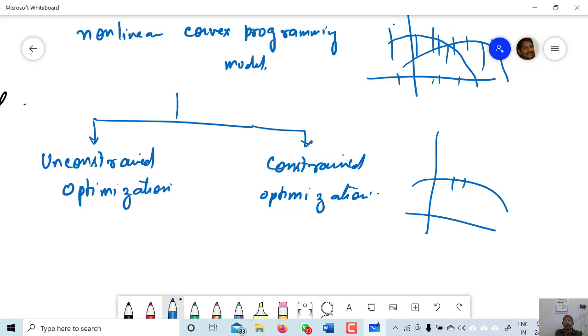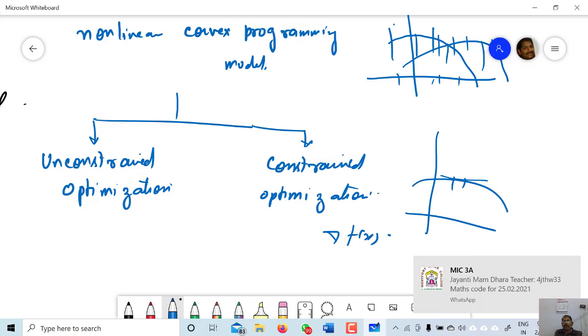As you already know, there will be two conditions. One is that the derivative at this point must be 0, because if this is an optimum point, the derivative of the function at this point will be 0. This is the first condition.